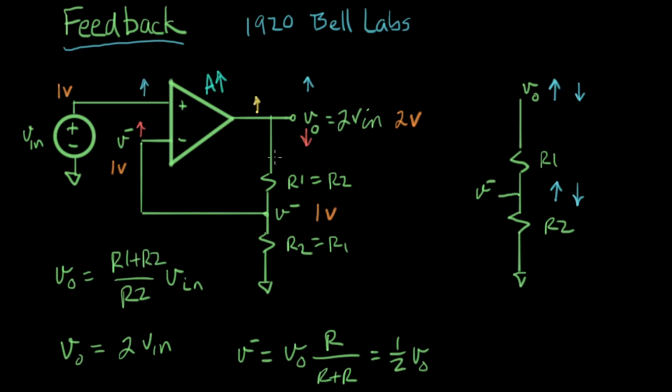We already decided from looking at this voltage divider that if this point goes up, this point will go up. It goes up half as much, but it goes in the up direction.